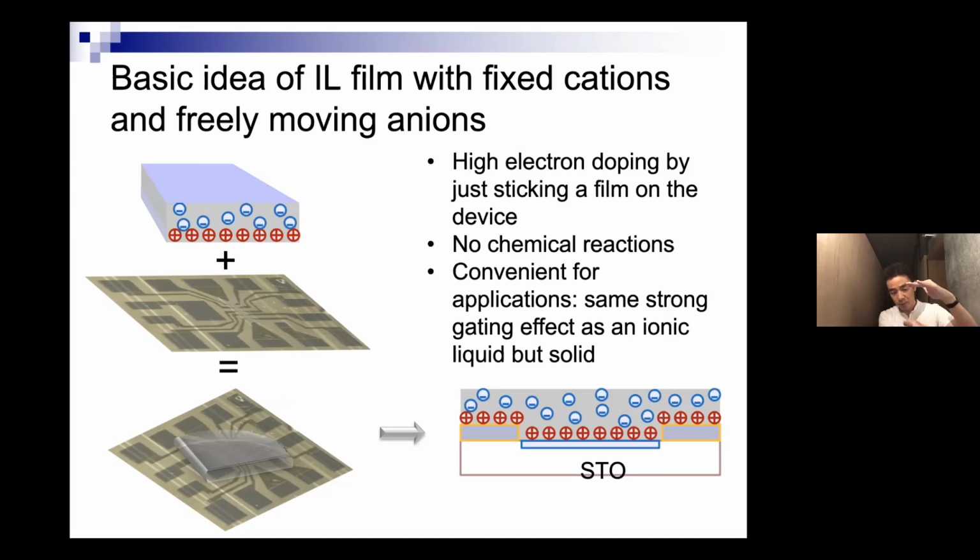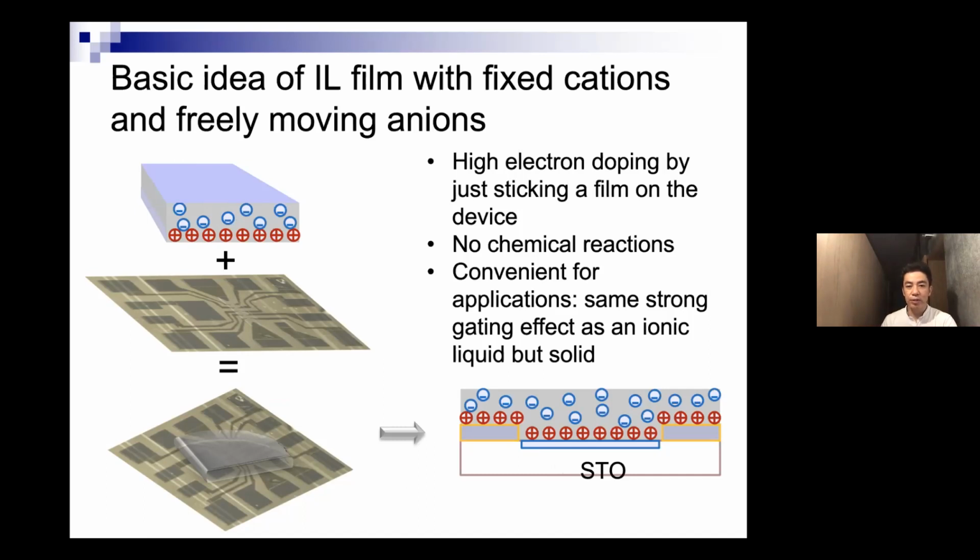So after the formation of the electric double layer electrode, we shine the UV light, and in this case, only the cation is fixed. So we use this kind of electrode and put it on top of the STO substrate. And then we are going to show the performance.